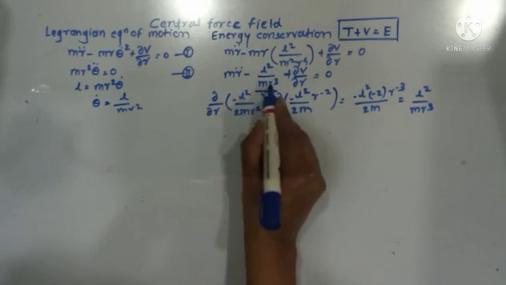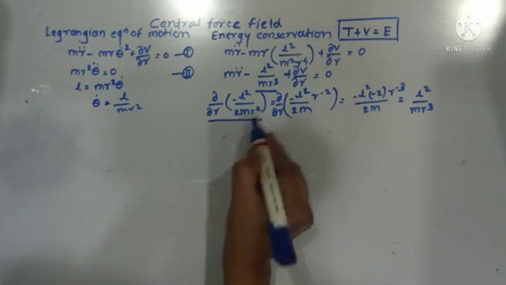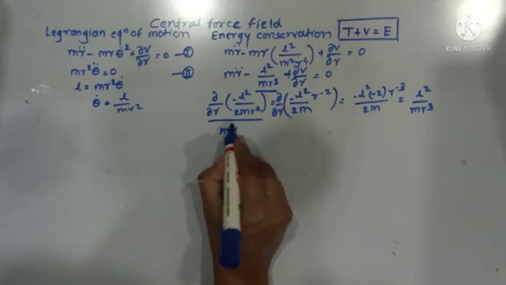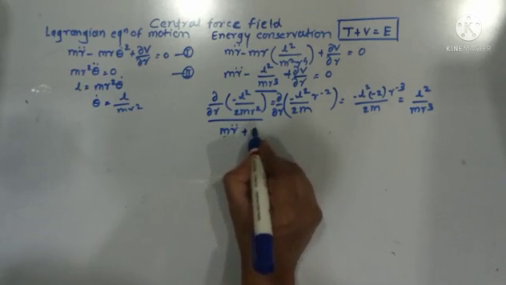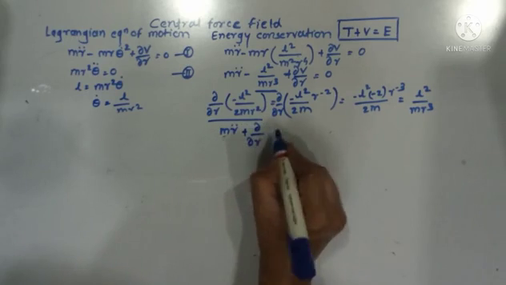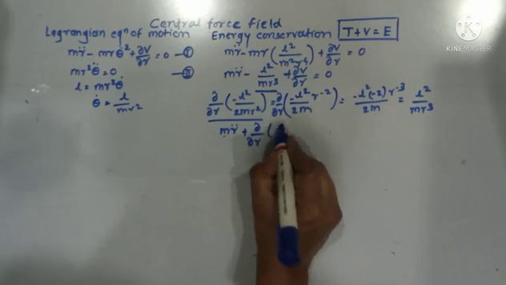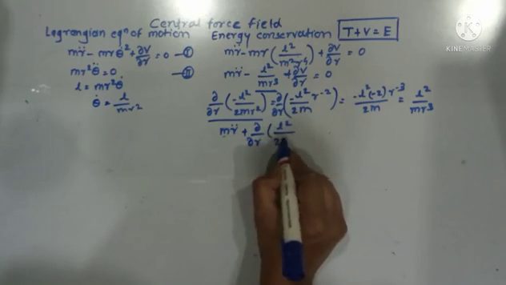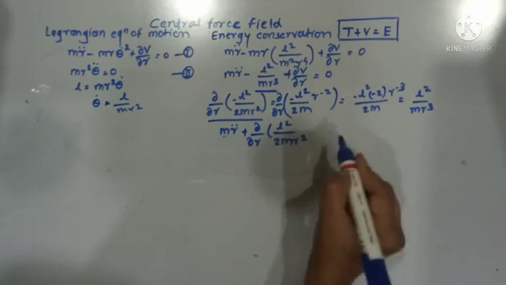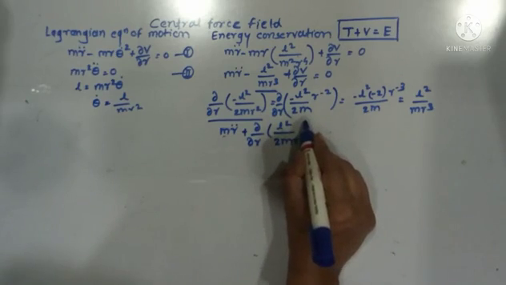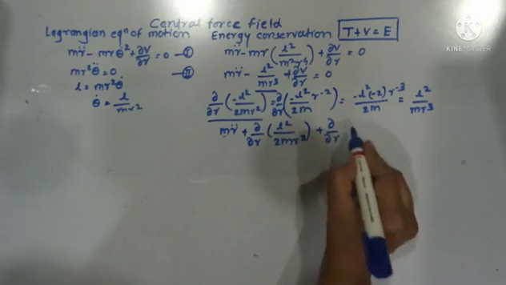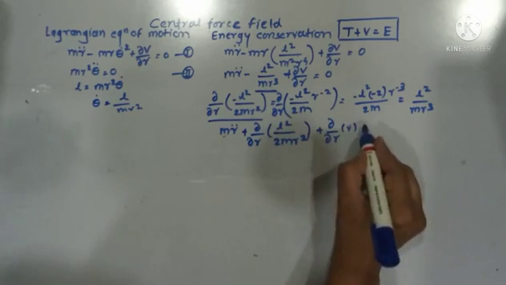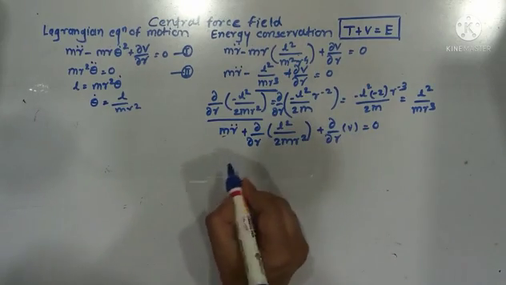So I will exchange this term by this term. What will be my equation? m r double dot plus dou by dou r of L square upon 2m r square plus dou by dou r of V is equal to 0.